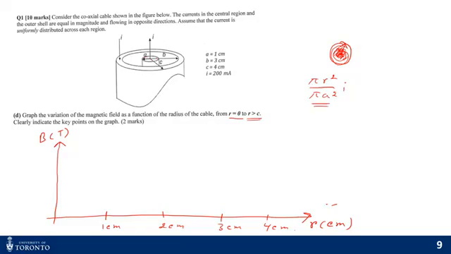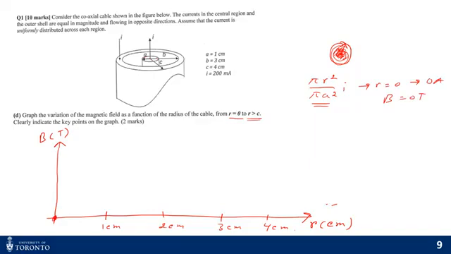When my r is 0, I am encompassing 0 current, so my B is going to be 0 Tesla. At the center, I'm starting from 0 Tesla.